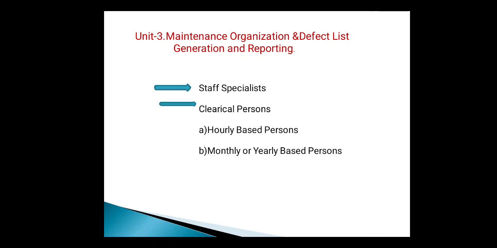In the first one, staff specialists, the staff specialists may be electrical, instrumental, and metrologists. Like that, many types of workers are to be used. The number of staff specialists used depends on the availability required, the need for specialization, and consulting services that can be done by staff specialists only.